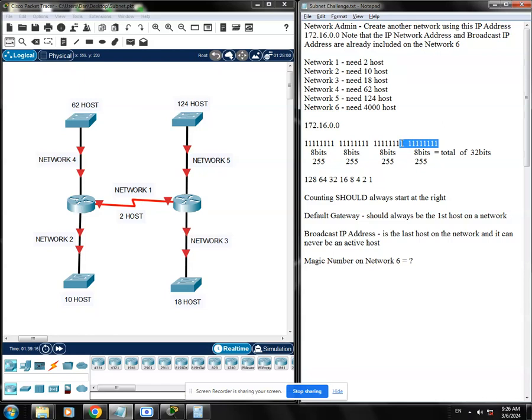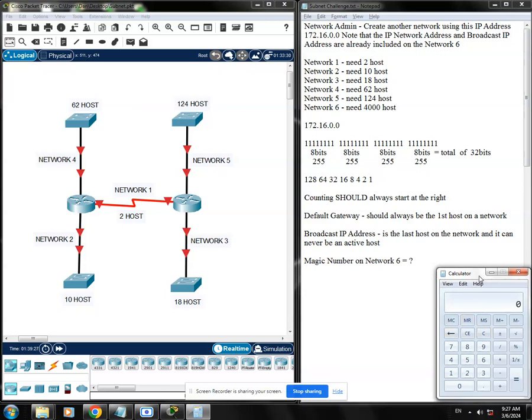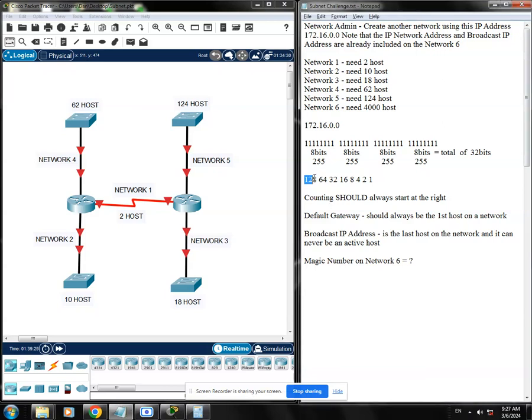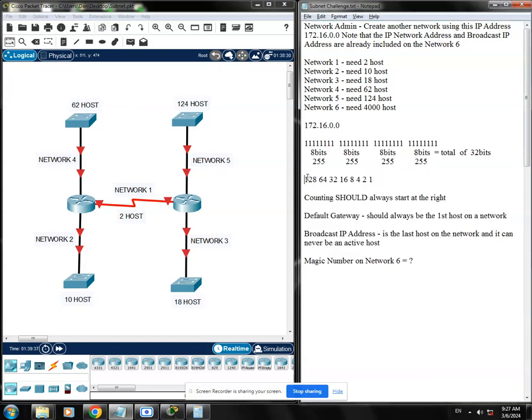So 128 times 2 is 256. I'm going to write that down so that you can see. 128 will start here, and 128 times 2 is 256.